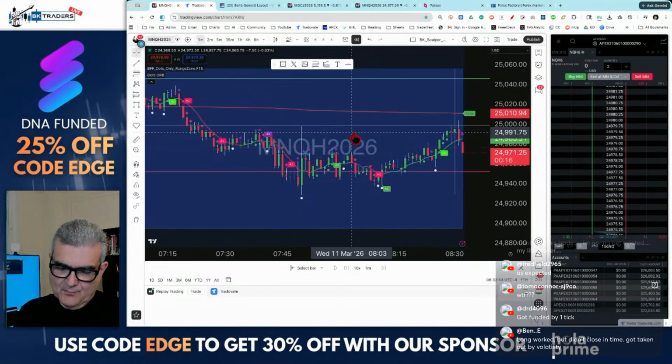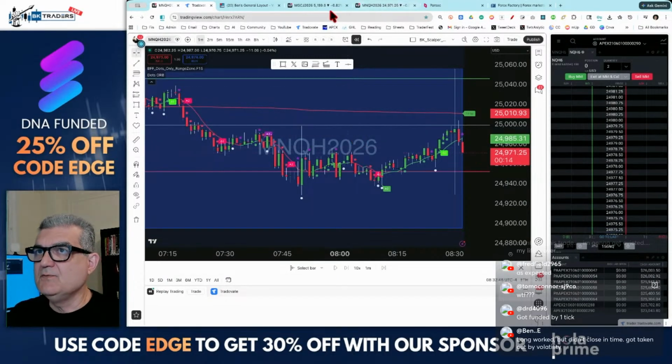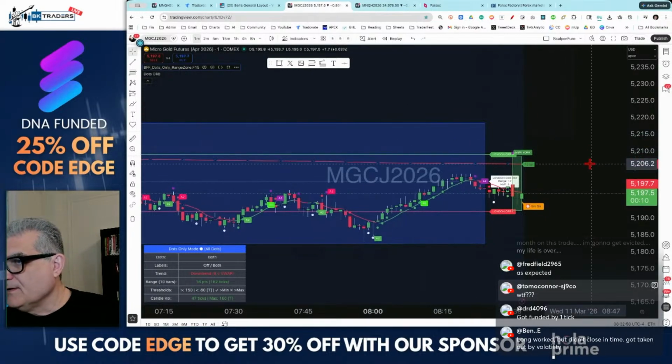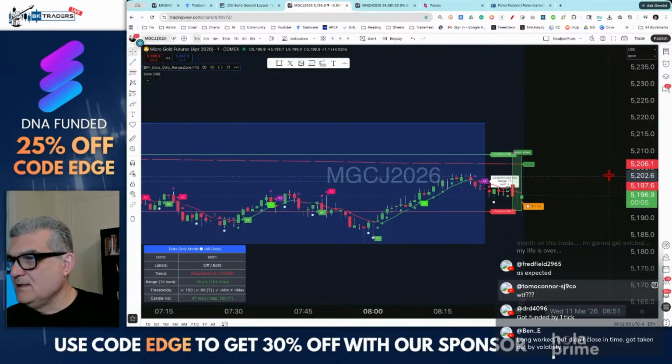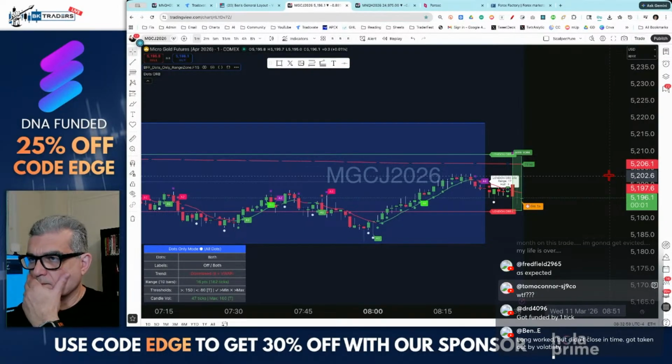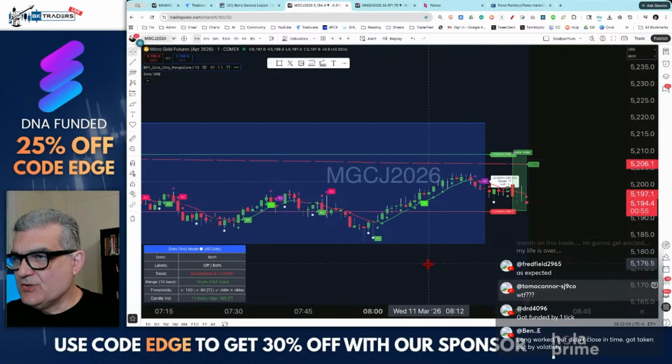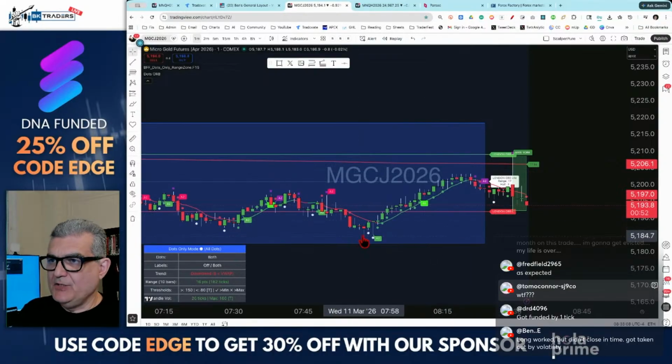Sam is going to come on board in just a little bit. Let's see what gold did, by the way. Gold also had a very non-active move here. What time is it? 8? Okay, so let's do here. I want to show you the ORB range.